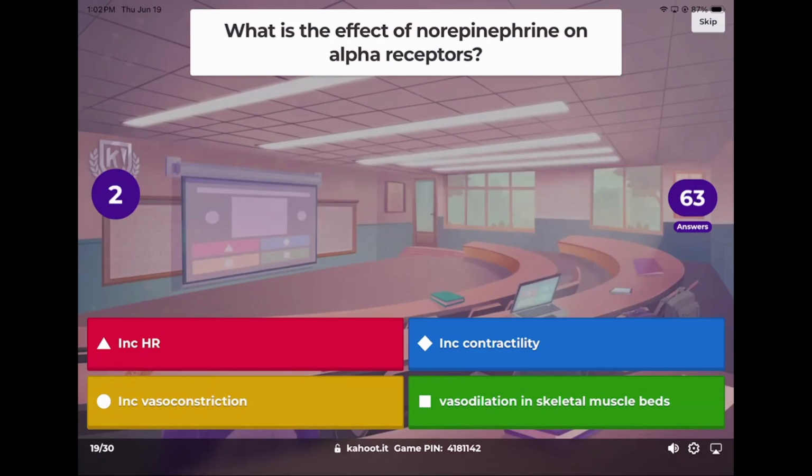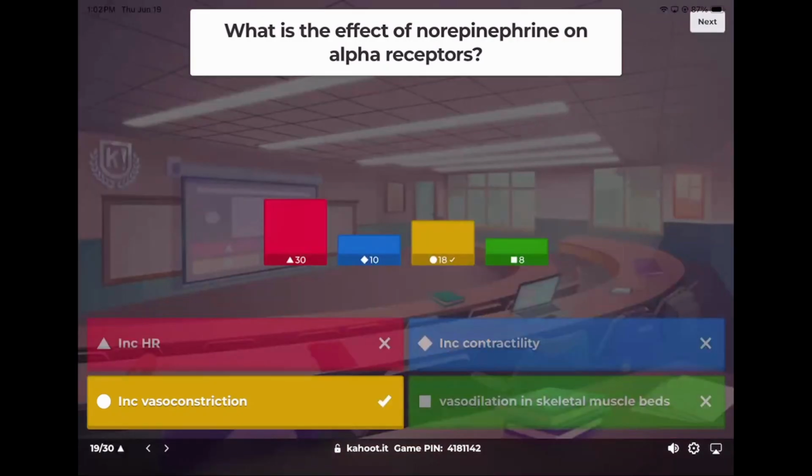Alphas are in the vasculature. Make sure you understand. Betas are in the heart. The alphas are in the vasculature. So the alpha receptor in the vasculature, when norepinephrine comes out, is going to cause vasoconstriction. That's how we get shunting of blood to areas that need it.